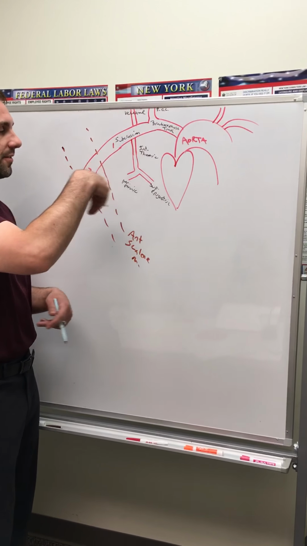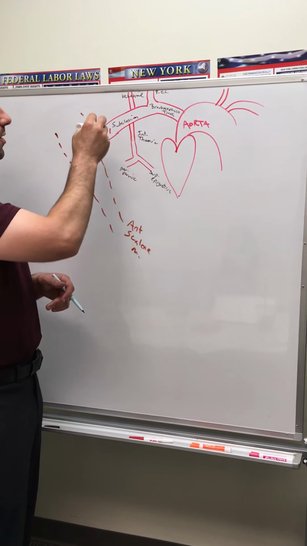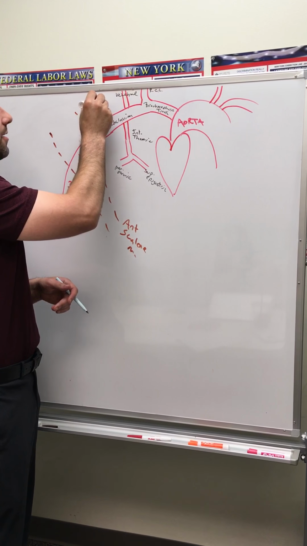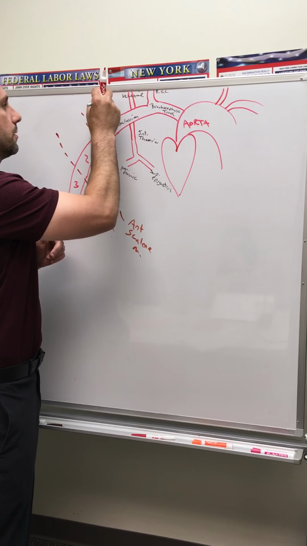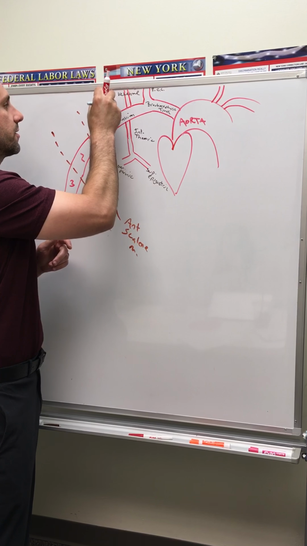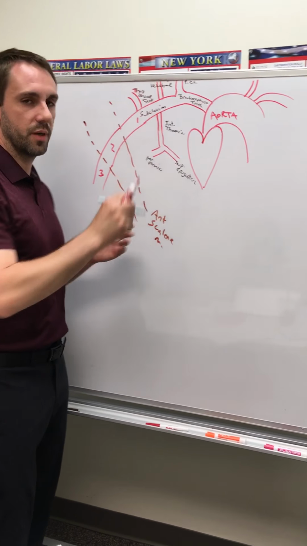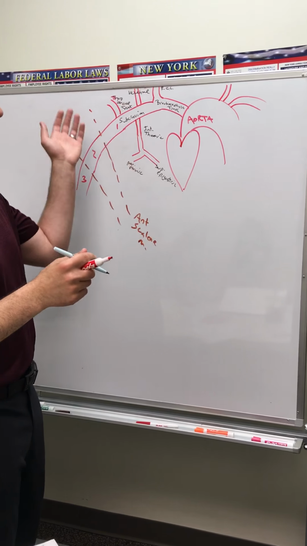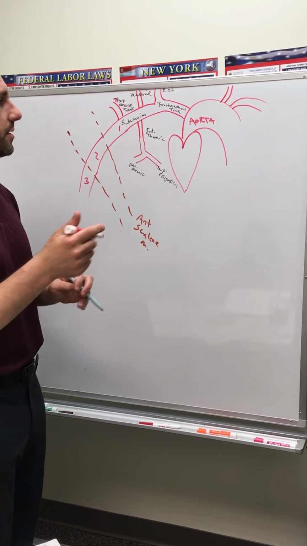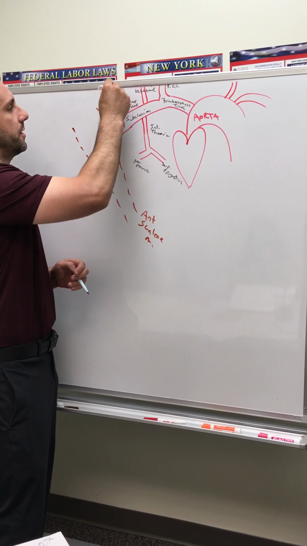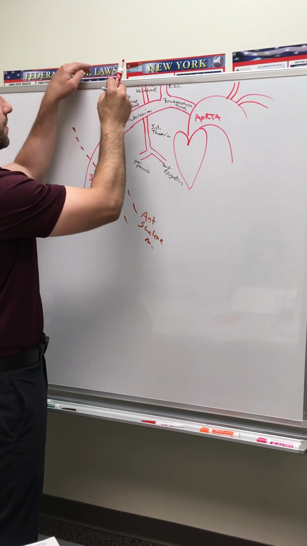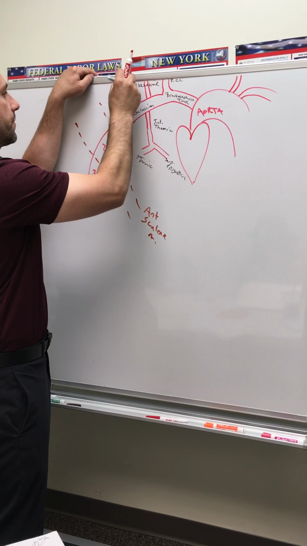And then the last off the first part of the subclavian is called the thyrocervical trunk. It's named that because it has a branch that goes to the thyroid gland and a branch that goes to the neck. So the branch that goes to the thyroid gland is called the inferior thyroid artery.